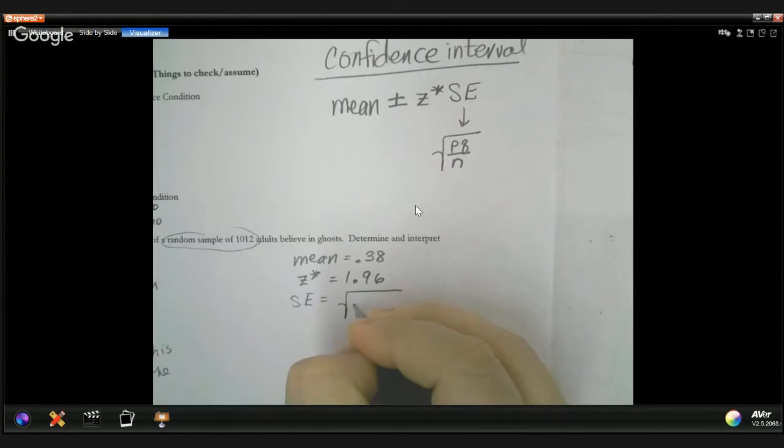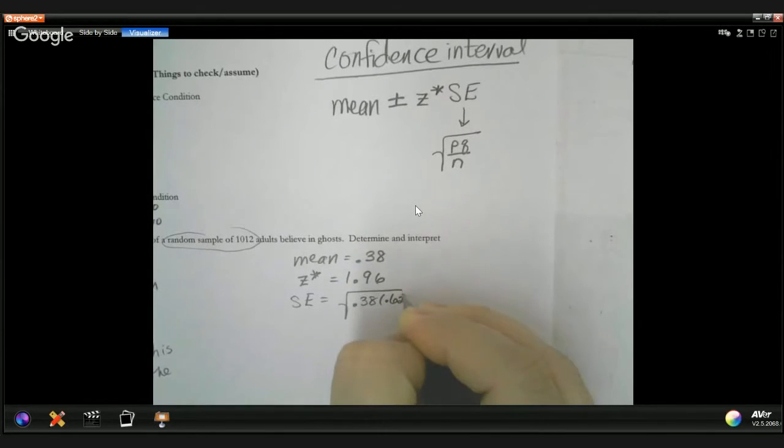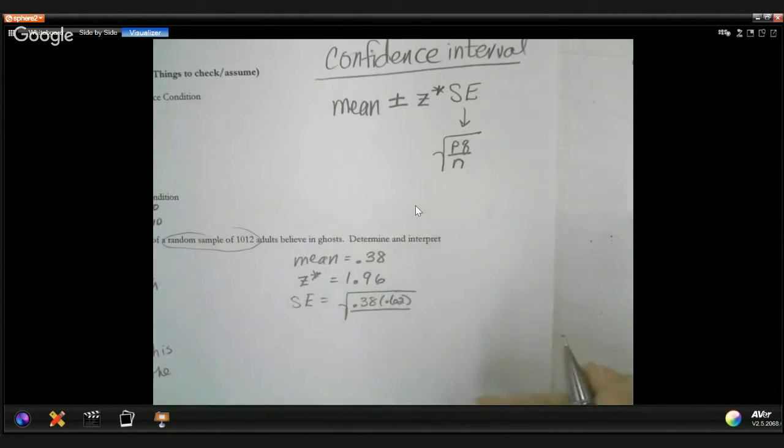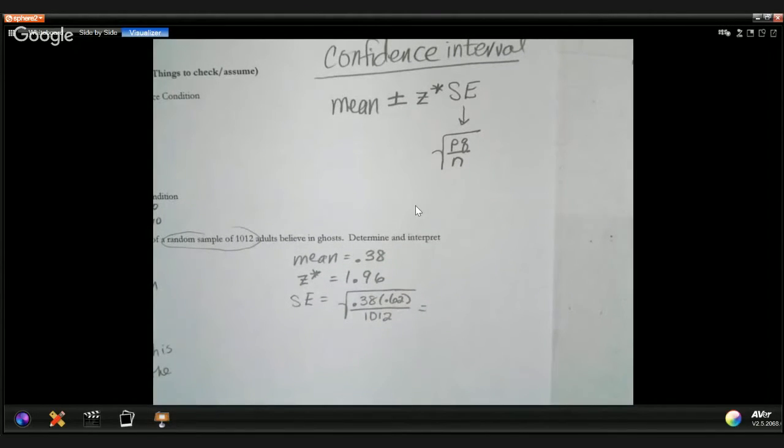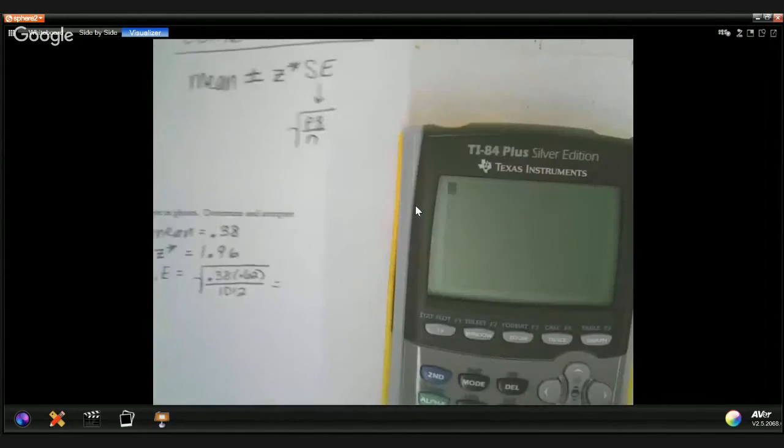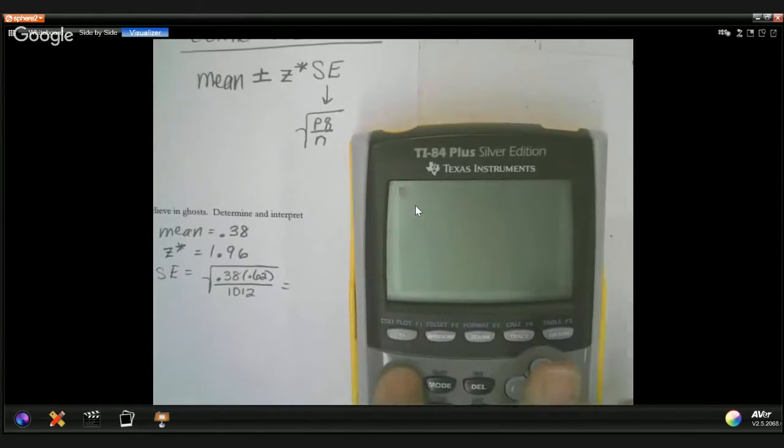So that's going to be 0.38 times 0.62 divided by the number of people in the survey, which is 1,012. So you can plug this in our calculator all at once. So it's the square root of 0.38 times 0.62 divided by 1,012. And so my standard error is 0.015.